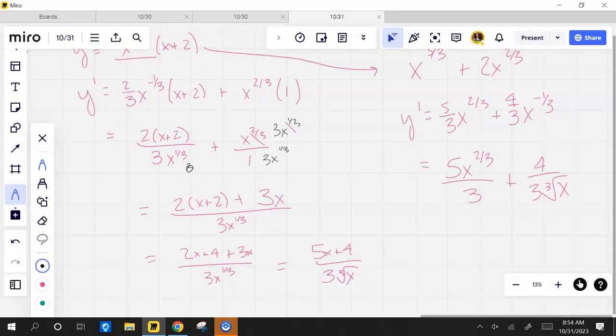Oh, there you go. This one needs a cube root of x. Still got to get a common denominator. That's x to the 1/3. When you add those together, you get 5x plus 4 over 3 cube root of x.